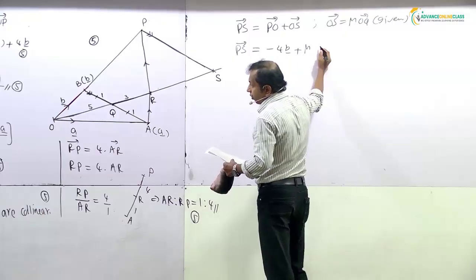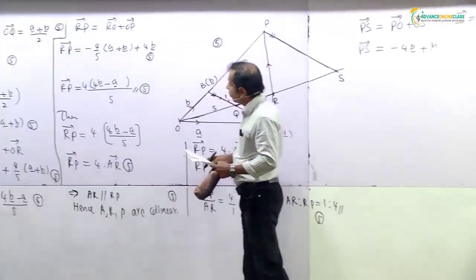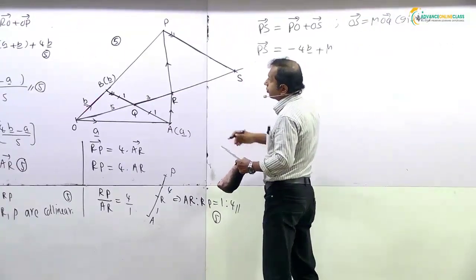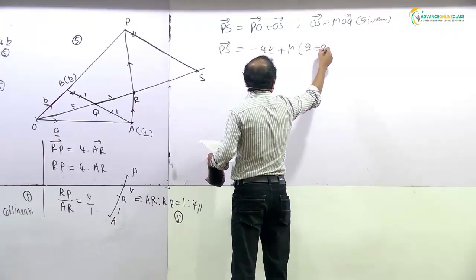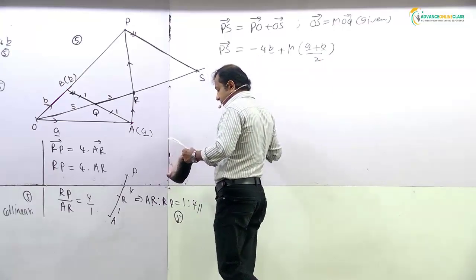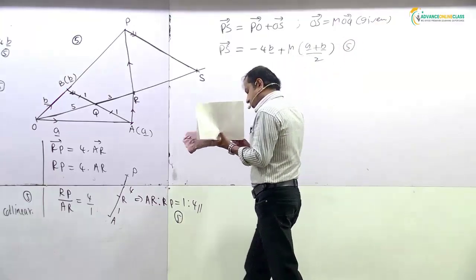OQ we found earlier: OQ is A plus B by 2. For this we get 5 marks.